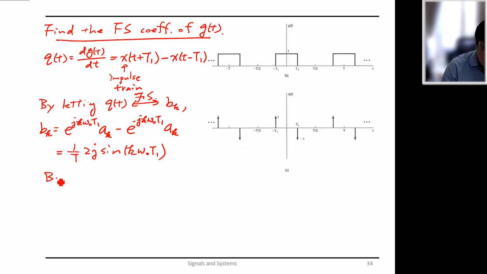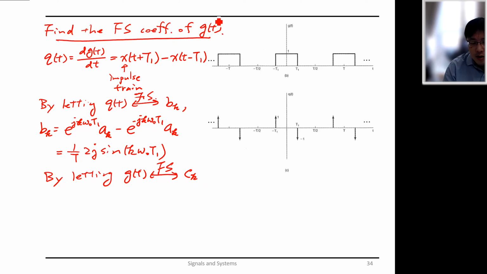Now, by letting the Fourier series coefficient that we want to find be denoted by ck.